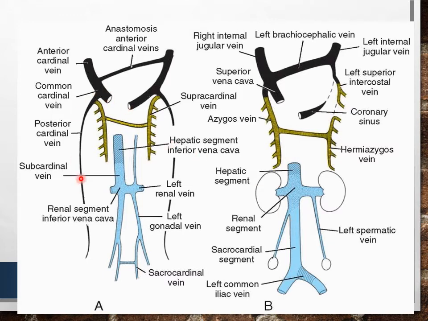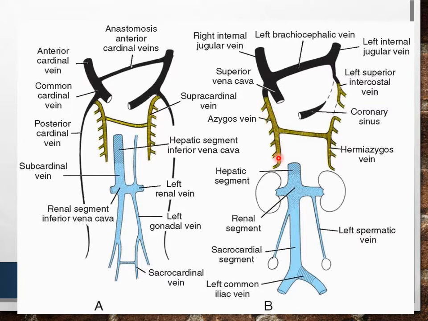Now moving on to the posterior cardinal vein, most of which is going to disappear on both sides, and the supracardinal veins, which are going to form here. Mostly you can understand what channels you can see in the thoracic region. So mostly they are giving rise to the azygous venous system.